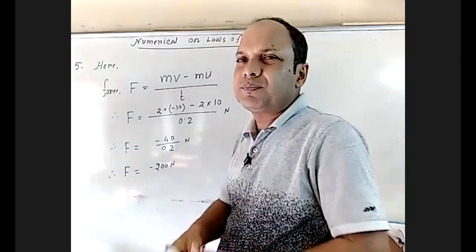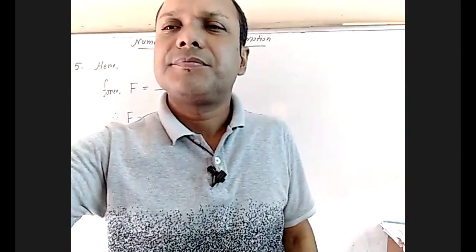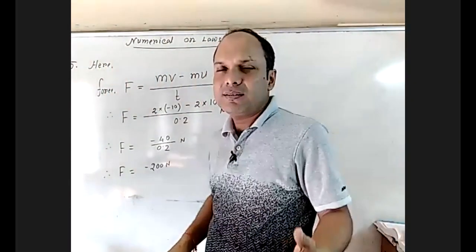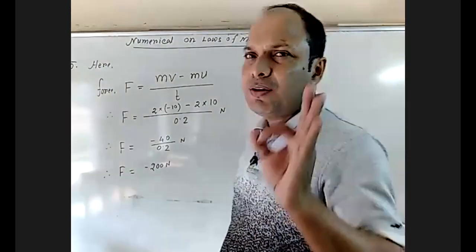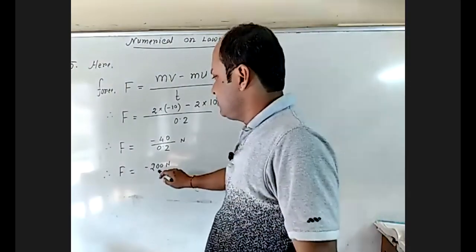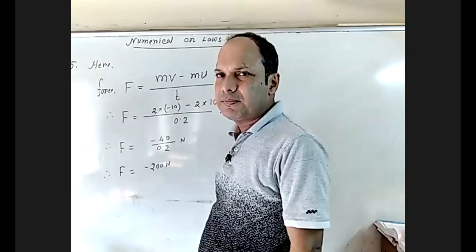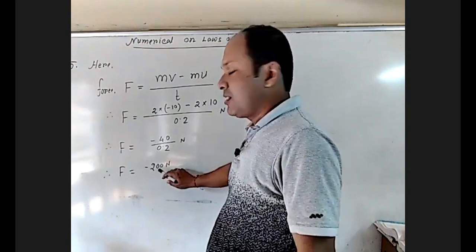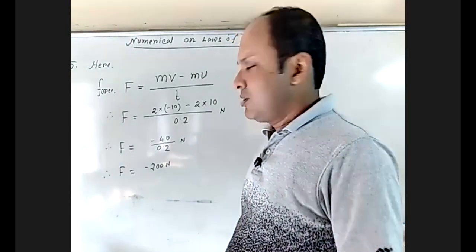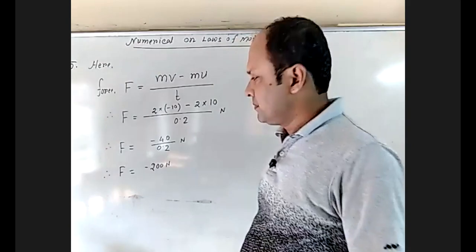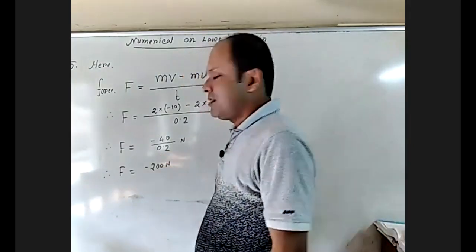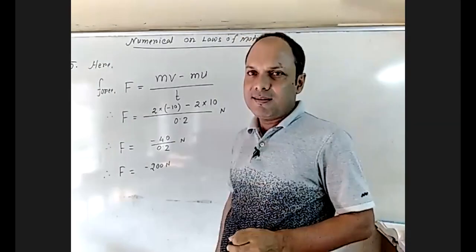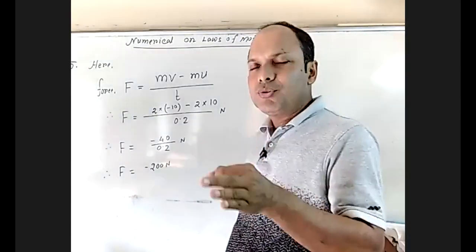So what should I write here? The rate of change of momentum of the object is 200 Newton. Therefore, the object will apply 200 Newton force on the wall.